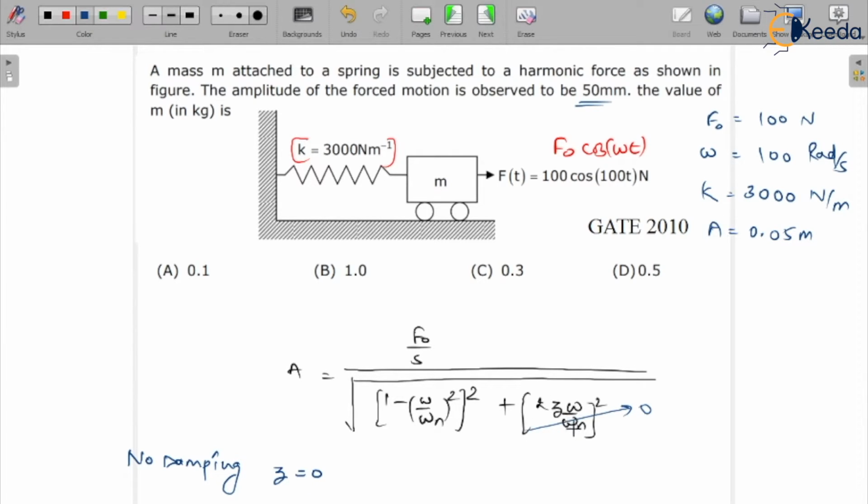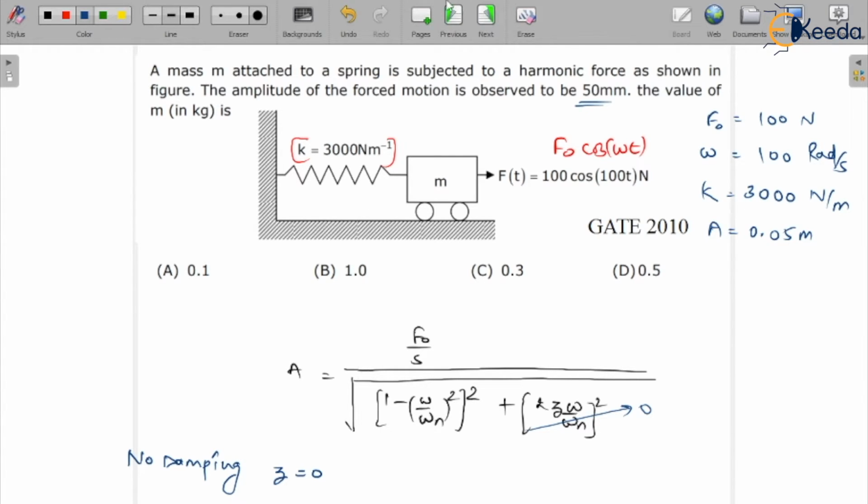So the remaining equation is this. Now see, this is the term 1 minus (omega by omega n) square under the bracket, and the bracket has a square. So I can rearrange this and write (omega by omega n) square minus 1, which gives the same value because there is a square outside. There will not be a minus sign.